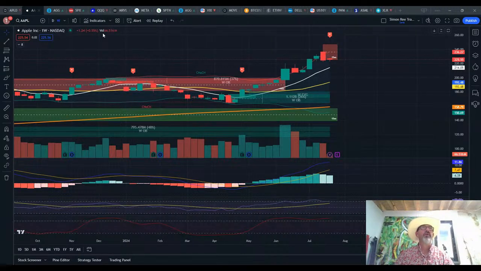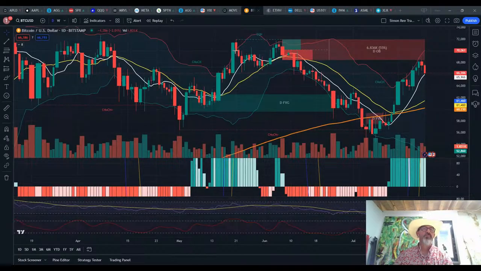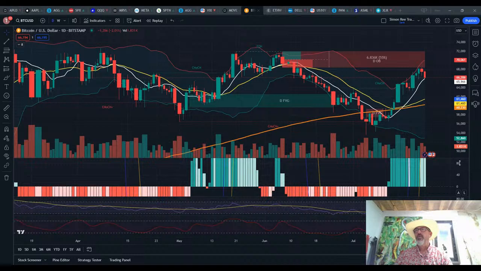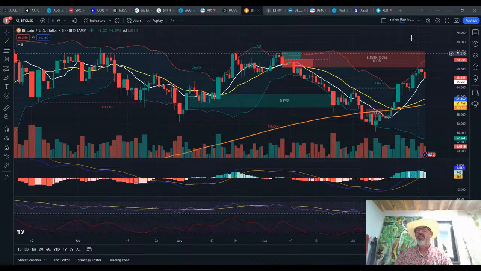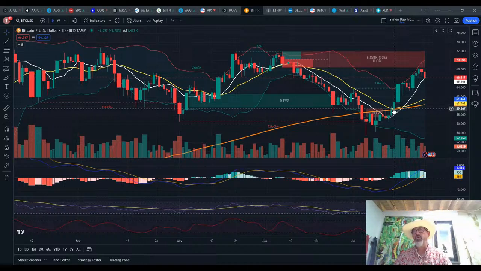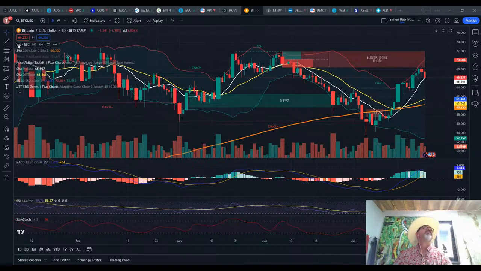So we'll see there. Let's go look at Bitcoin since it's very popular. Bitcoin, sorry, my charts get all out of whack. Bitcoin has had a pretty nice run since July 12th, and has moved through the 9, the 200, the 50, and the 20, and has moved higher. Let's just confirm something here.